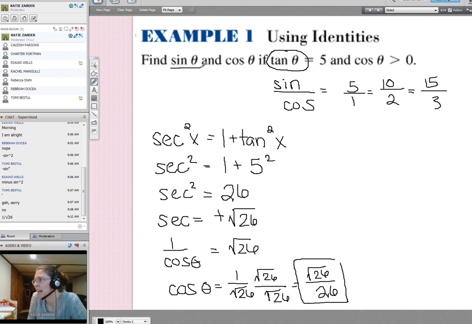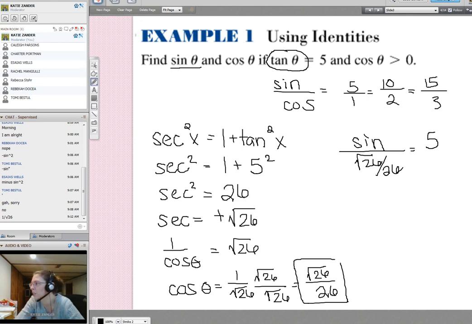So to find the sine value, I can come back to this fact here that sine over cosine equals 5, right? So I can replace, I'm still searching for the sine, but I'm going to replace the cosine with that square root of 26 over 26, and I'm going to have that equal 5.